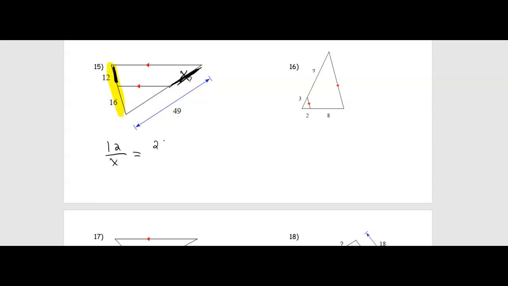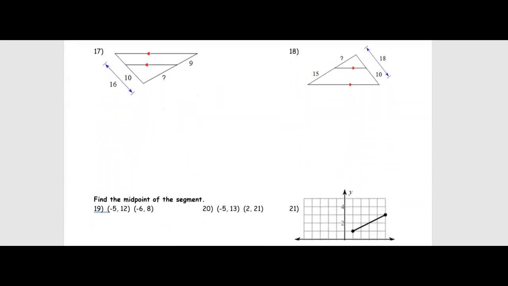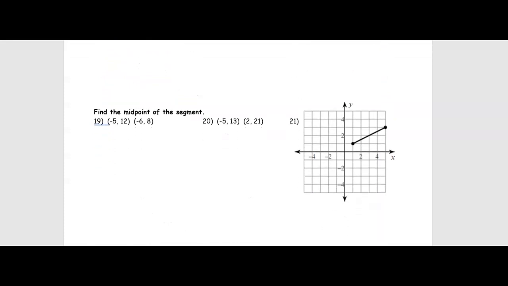That's 28. And then we would want to compare that to the overall length on this one. And that's why you were given this to be a 49. That's that. And then just more of the same, more little practice here until you get to number 19 and number 20.